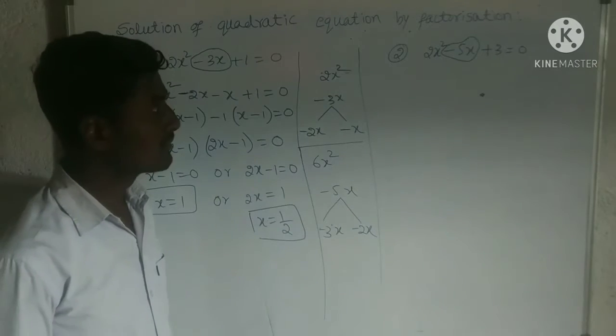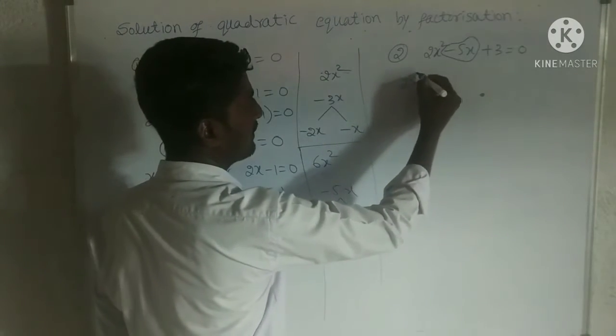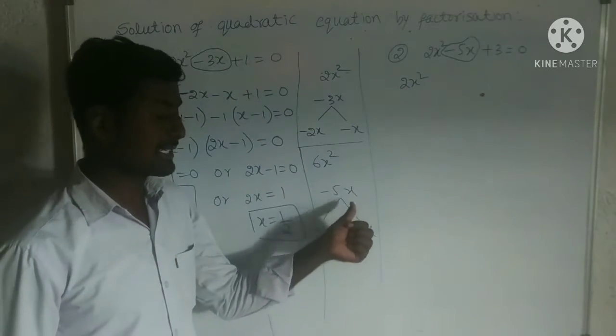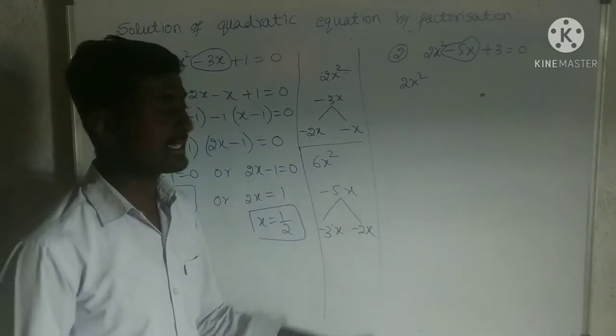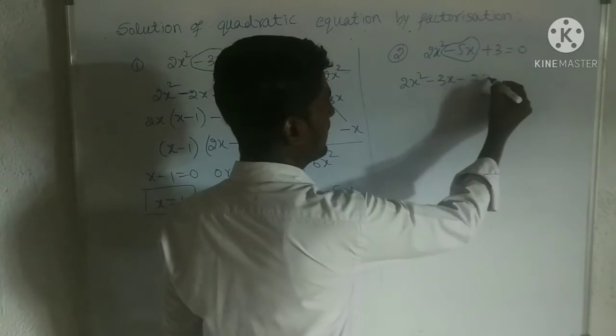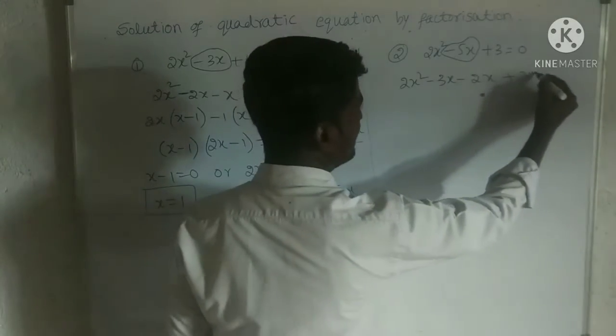Okay. Now this is 2x square, minus 5x is there. In place of minus 5x, I can write minus 3x minus 2x. Then the third term you write as it is, plus 3 is equal to 0.